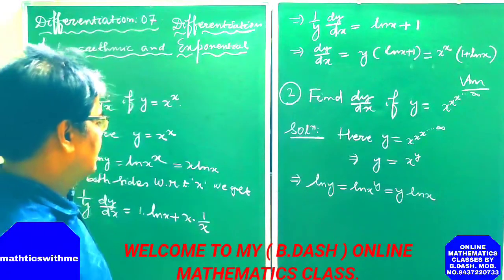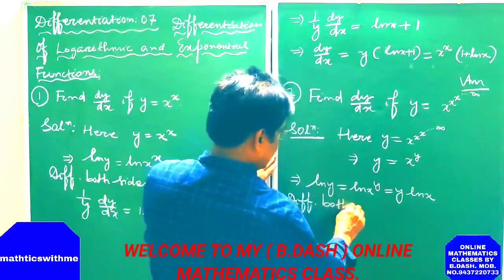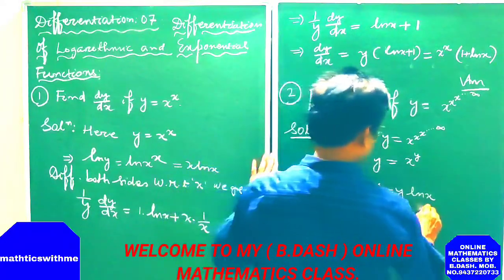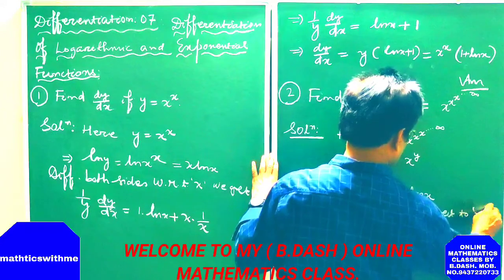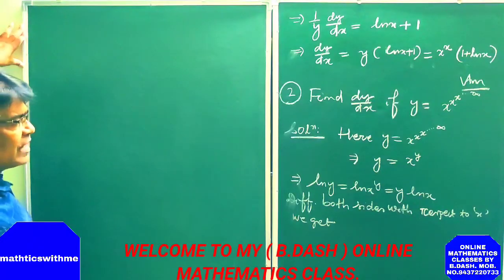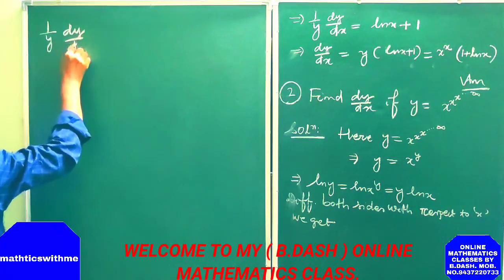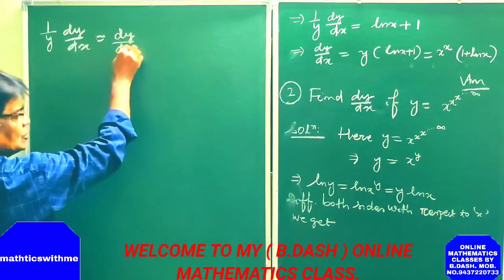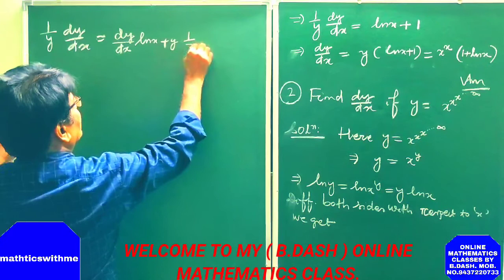Now differentiating both sides with respect to x, we get 1 by y dy by dx is equal to the derivative of y, which is dy by dx, into ln x, plus y times the derivative of ln x, which is 1 by x.